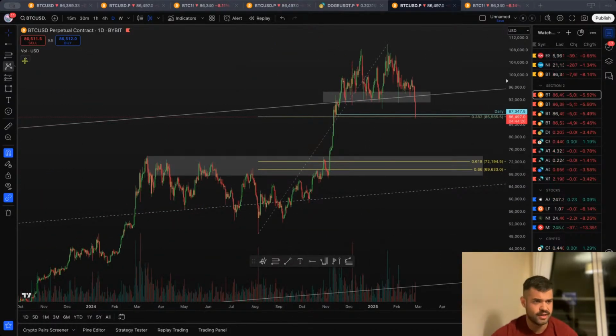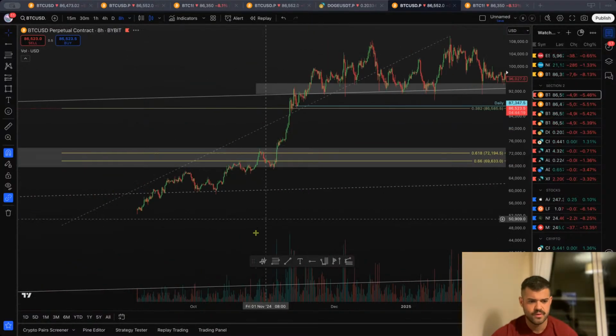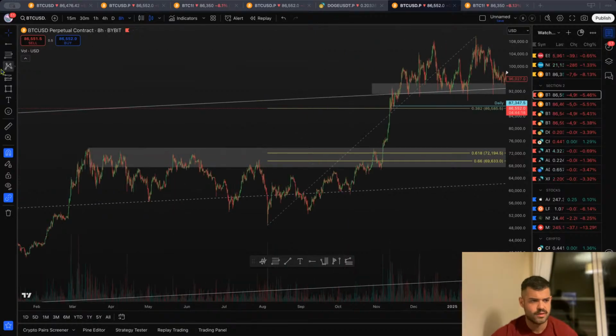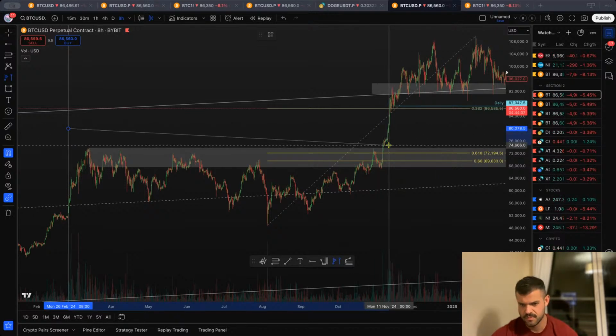I'm going to pull a fixed range point of control as well to see what we can come up with here. 8 hour perfect fixed range, I'll take from the start of the uptrend to here.